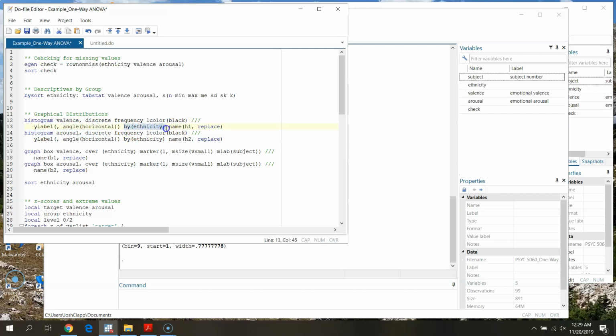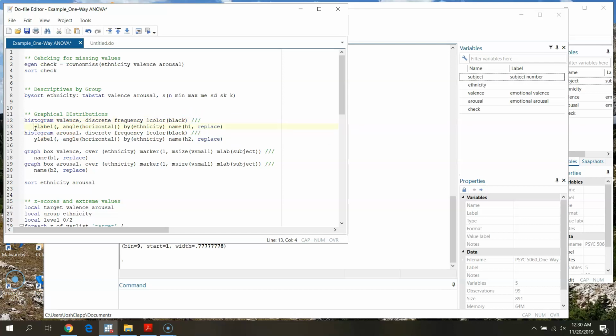We're going to ask for groups by ethnicity, and then we're just going to name this graph H1, and then hit replace so we can keep running it if we need to. Now these forward slashes here, remember that this is just to carry our do file or command line over into the next line. This is just kind of like a pause or a break.